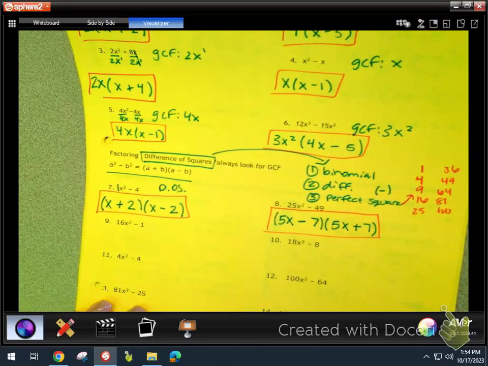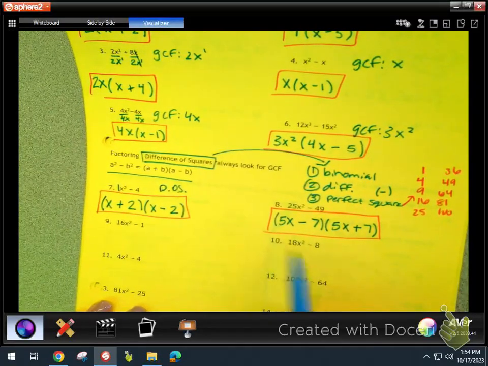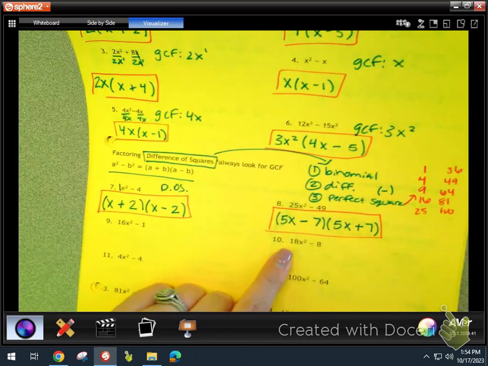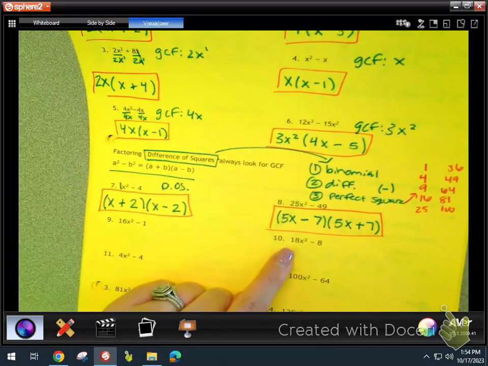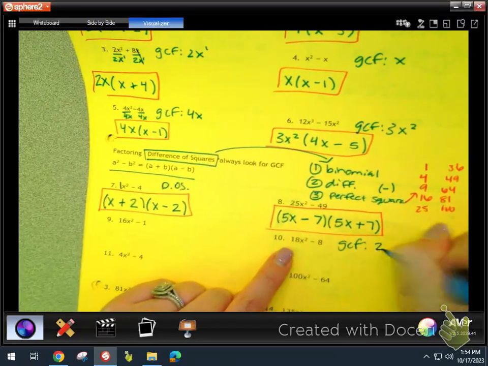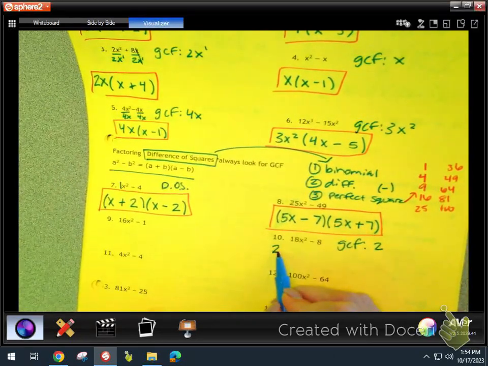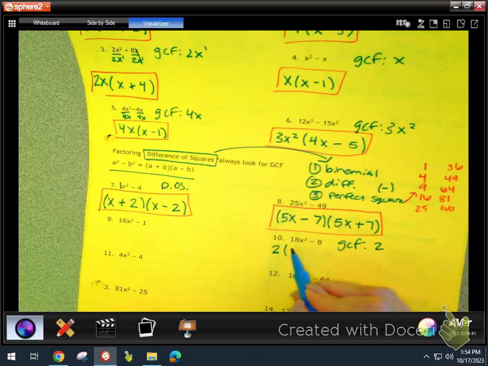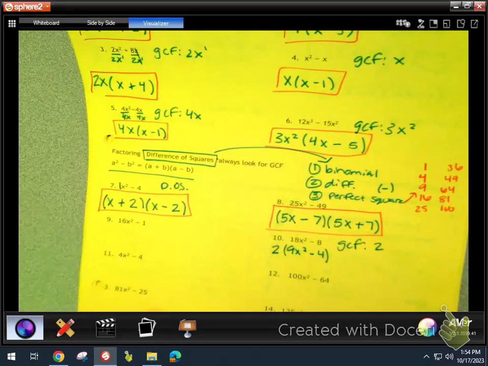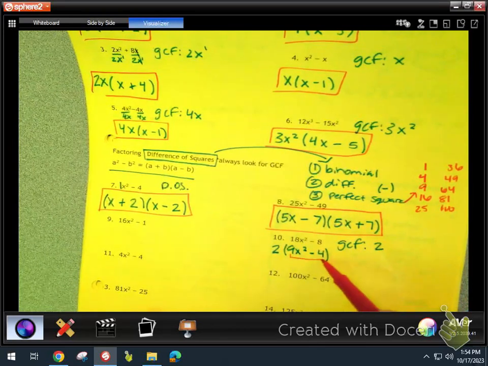Let's look at 10 real quick. 18x squared minus 8. Okay, I'm thinking DOS because I'm seeing binomial, I'm seeing minus, but are 18 and 8 in my list? No, but do 18 and 8 have a GCF? Yes, 2. So when I take out a 2, I'm left with 9x squared minus 4. Now, is this guy a DOS?